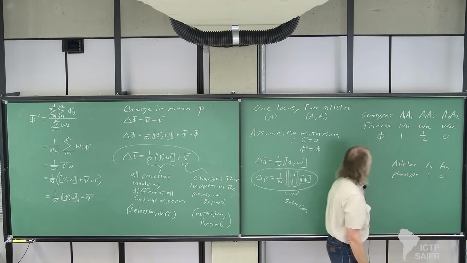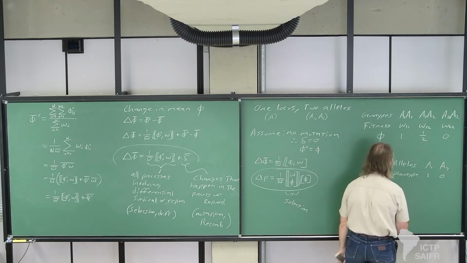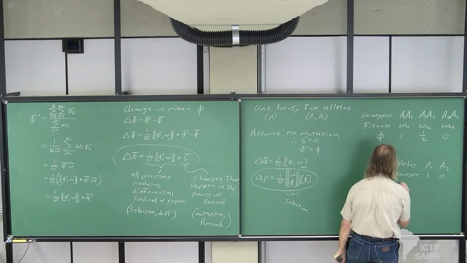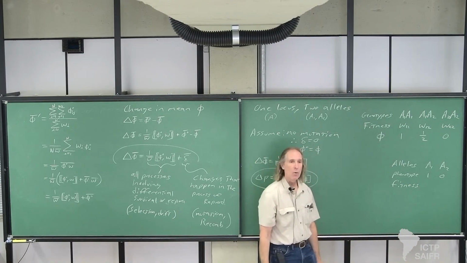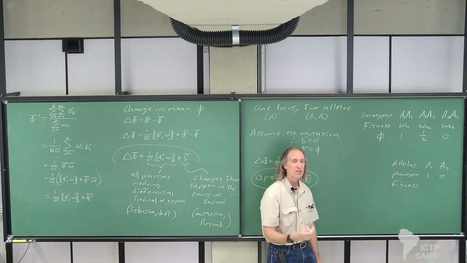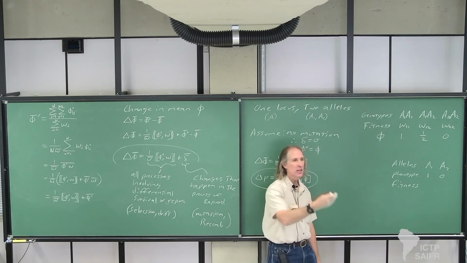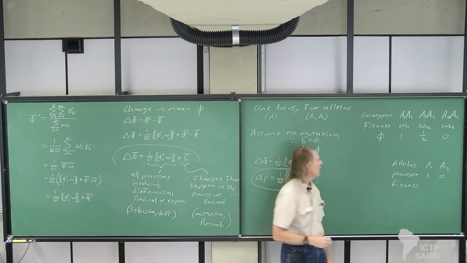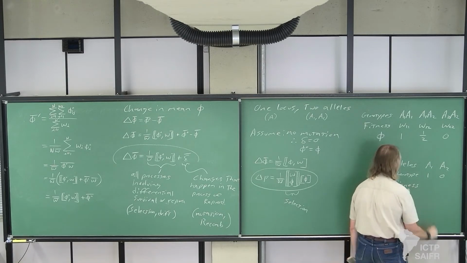You can assign a fitness to an allele. But what it really is, is the average fitness that that allele would have over all the genotypes that it appears in. And so I'm going to designate that W with a star here.